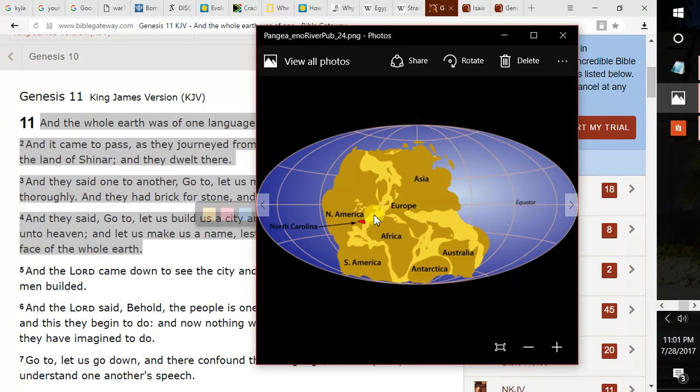Now here's what I want you to understand. The Bible says that the whole earth was of one language, and the people decided to build a tower unto heaven, to reach the top of heaven. Now you have to understand that if you're building a tower, it's not everybody that's going to be building.